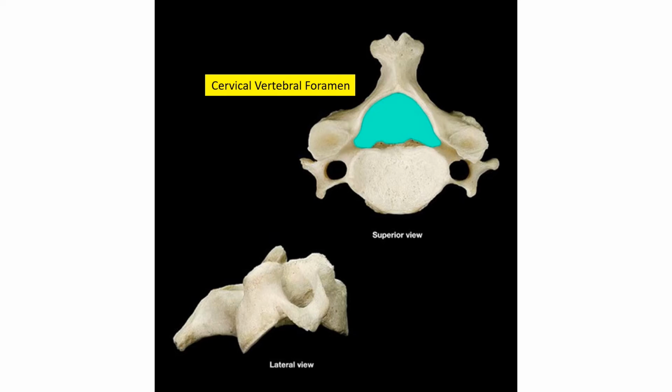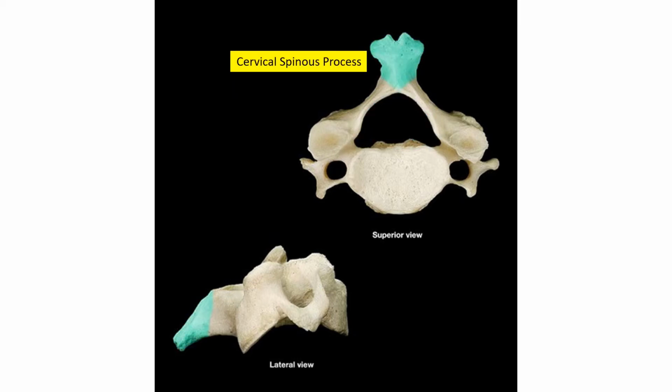And the cavity or the foramen between the body and the vertebral arch is the vertebral foramen. In this area, it is called the cervical vertebral foramen. Then, if we go more posterior, we have the body, the vertebral foramen, and then the most posterior part is the spinous process.